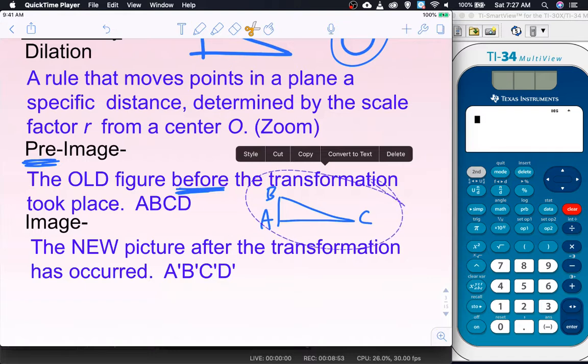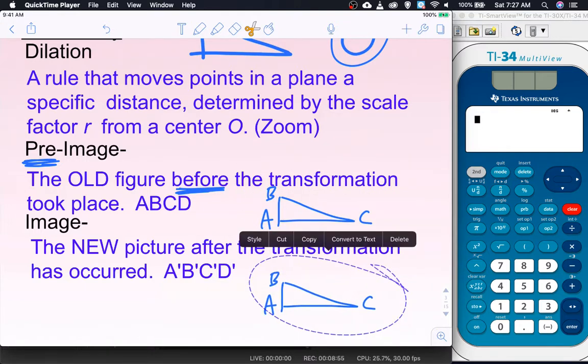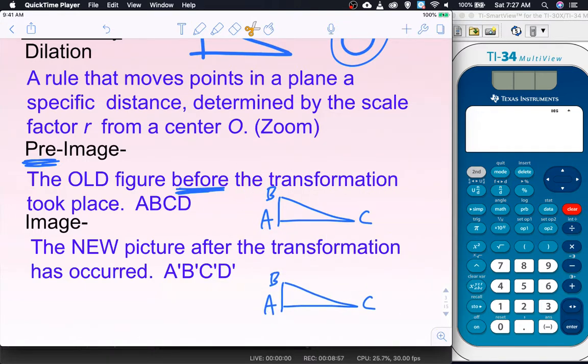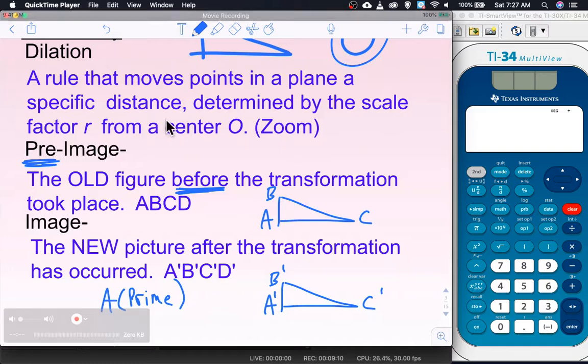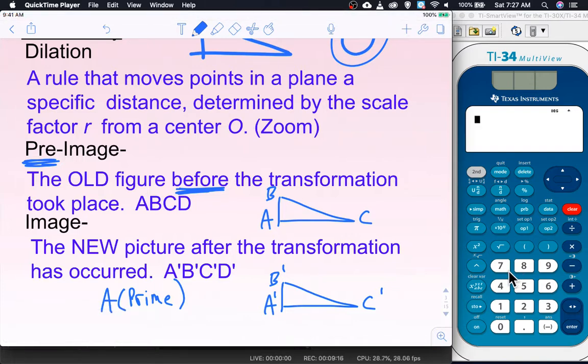So there's the original. And when I translate it down, let's say 8 units or whatever, now it becomes A prime, B prime, C prime. That's what we're saying. A prime, B prime, C prime, D prime. That's the name of that little line.